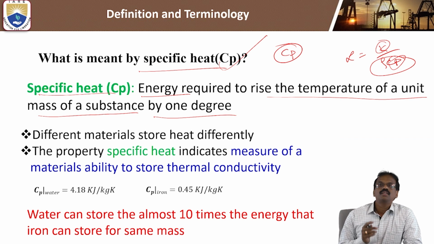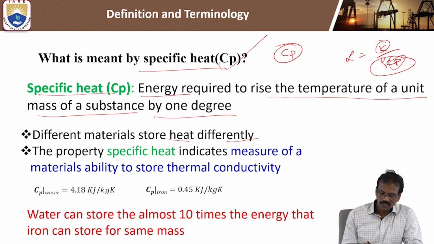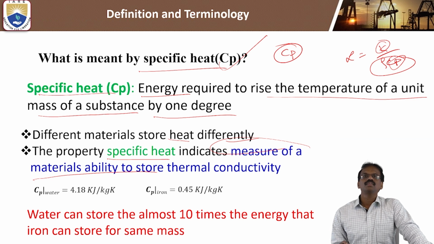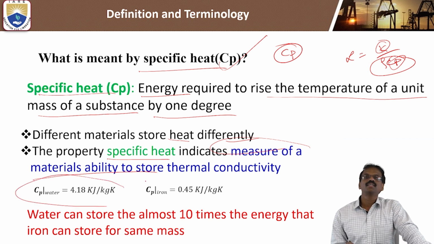Different materials store heat differently. The storing of heat depends upon the type of the material. The property specific heat indicates the measure of a material's ability to store thermal energy. Specific heat of water is 4.18 kilojoule per kg Kelvin.